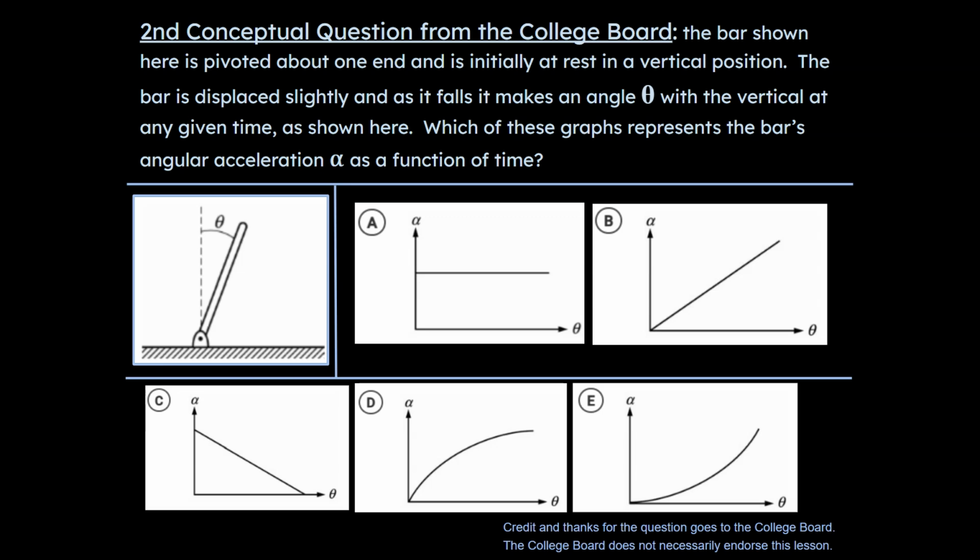As it gets closer to being horizontally oriented, then it's got less and less motion in the x-axis of the center of mass, so to speak. So it would make more sense to say that this is a concave down acceleration, angular acceleration, as opposed to a concave up like we see in E. So that's how you would reason through this.